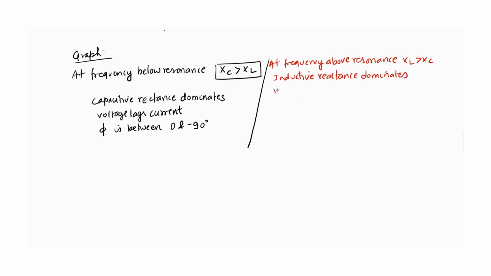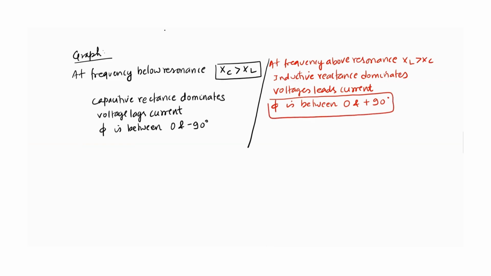So for inductive reactance dominating the circuit, we find voltage leads current and phi is between 0 and plus 90 degrees. In the earlier case, we find phi between 0 degrees and minus 90 degrees, and in this case, phi between 0 degrees and plus 90 degrees. Now let us plot a graph.